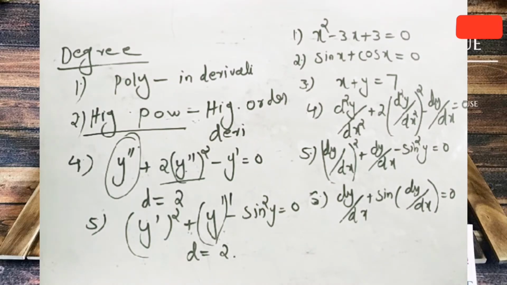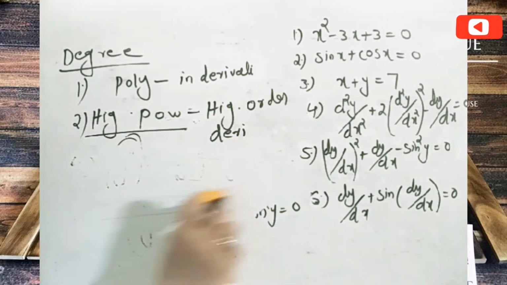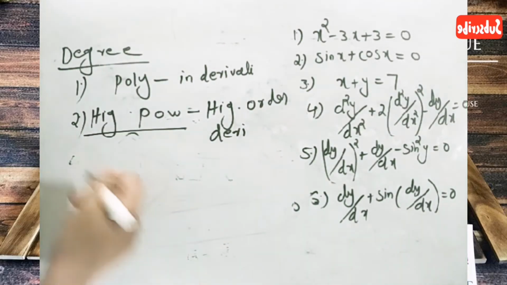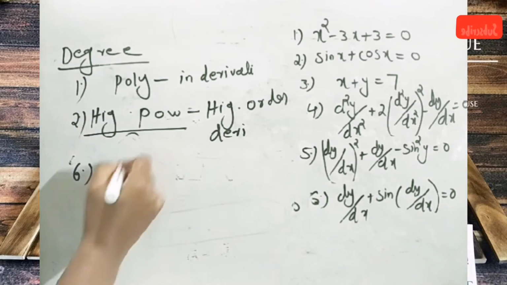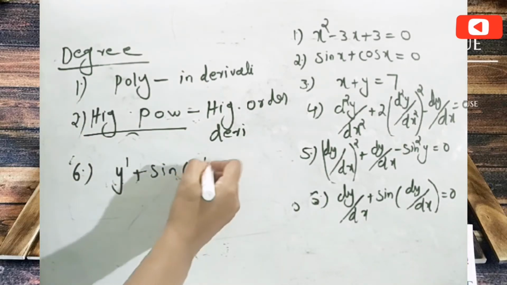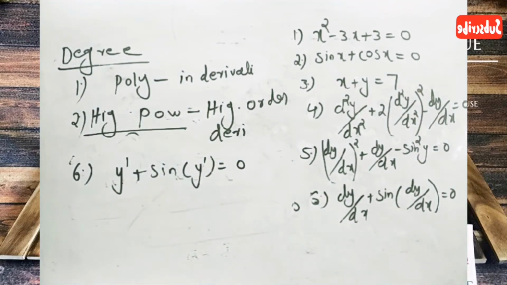Now, sixth one, dy by dx, that is y dash, plus sine of y dash is equal to 0. Just look at this differential equation. The highest order derivative present in this is the first order derivative, so order is 1. But in the case of degree, this is not a polynomial equation in derivatives, because here we have sine of y dash.